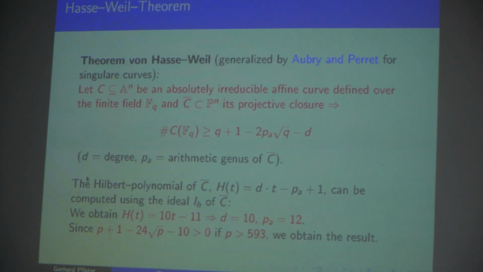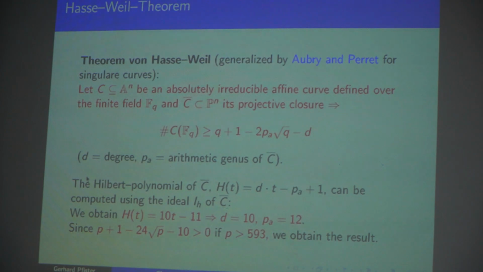And the rest is brute force. You take prime by prime less than 593 and prove that there are points on the curve. So the important thing is to go from a set of infinitely many primes to a finite set of primes which you can handle with a computer.